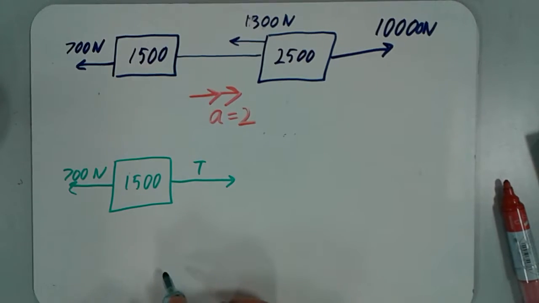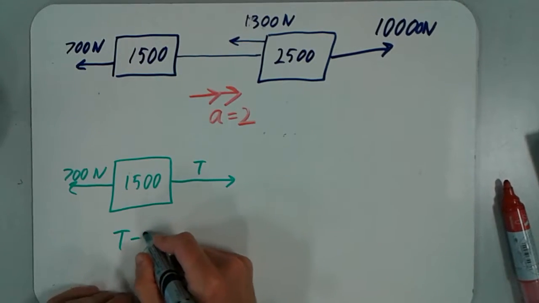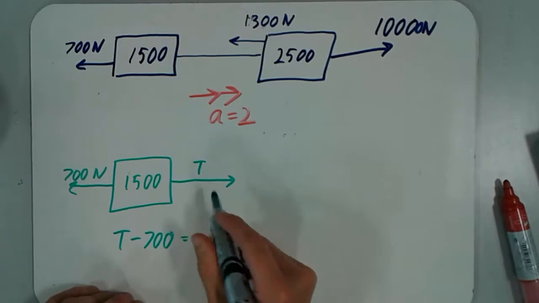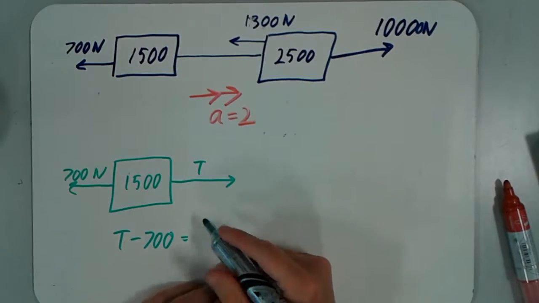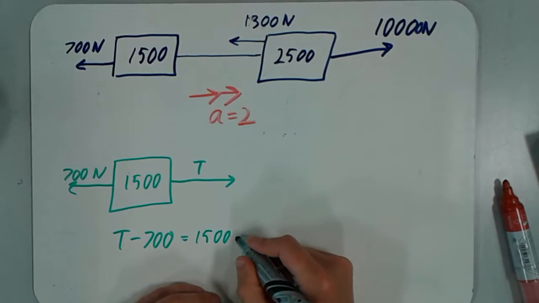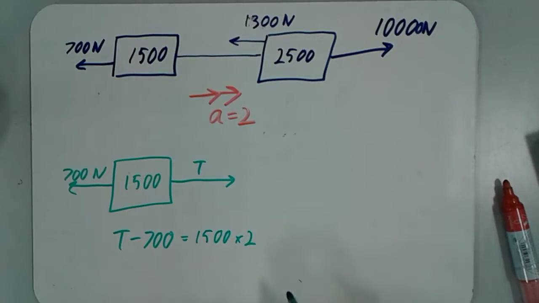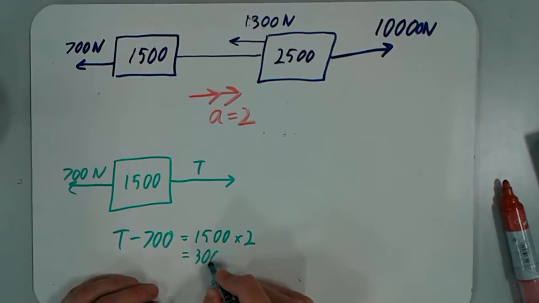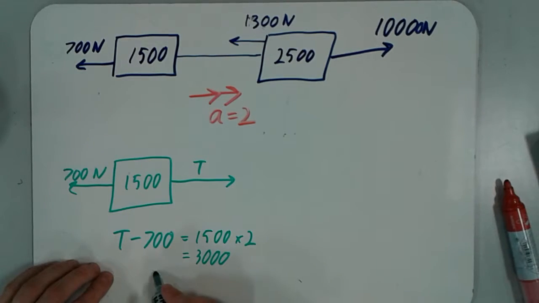So, F equals ma again. T minus 700, so tension minus 700, must equal 1,500 times 2. That tells us that T is 3,700 newtons.